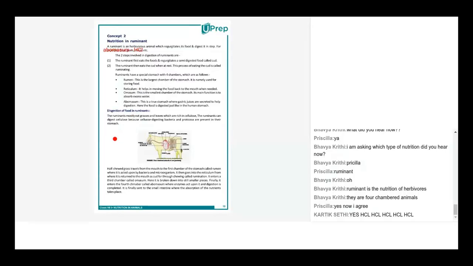All right, okay. Now, digestion of food in ruminants. How does this digestion happen? The ruminants mostly eat grasses, we all know, and green leaves, which are very rich in cellulose. Whenever you hear grass or green leaves, just keep one thing in mind, that it has high cellulose content.